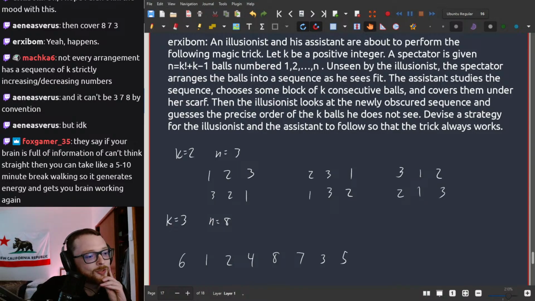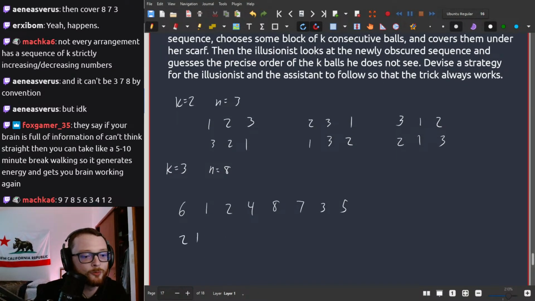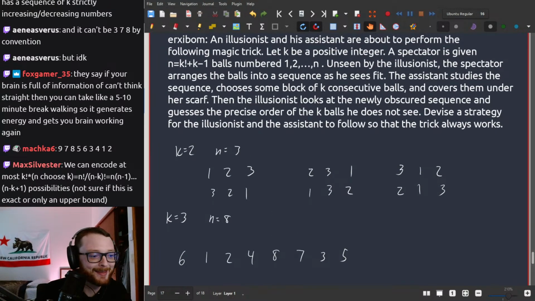Or oh wait, actually no, that would be, ooh, I guess that's true. I think we were assuming that there always would be, but you could do 2 1 4 3, like just swap every pair of numbers, right? 6 5 8 7. Yeah, and that's basically the same thing that you have there, Machka. That's a good point. Damn. That really blows a hole in this strategy for increasing and decreasing.